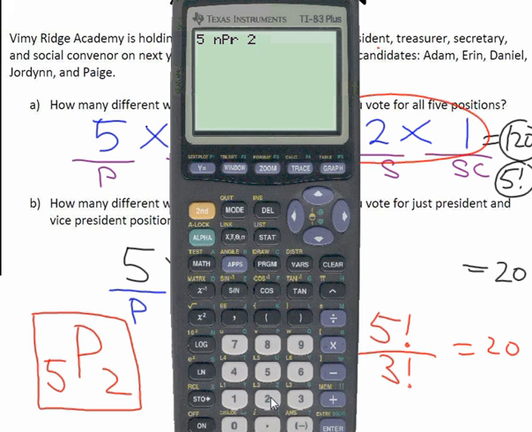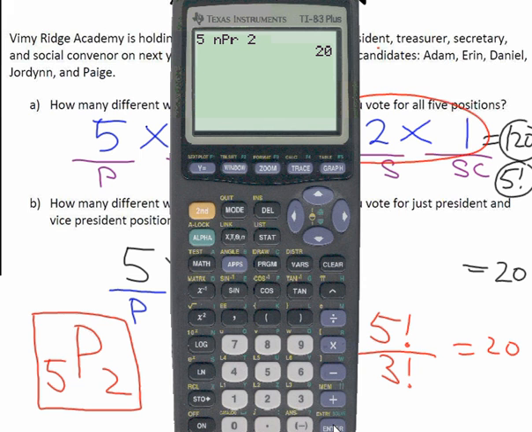Yeah, you do. It's above number 6. Number 6. Okay. All right, so what does 5P2 represent? 5P2 represents, watching, you don't want to miss this.